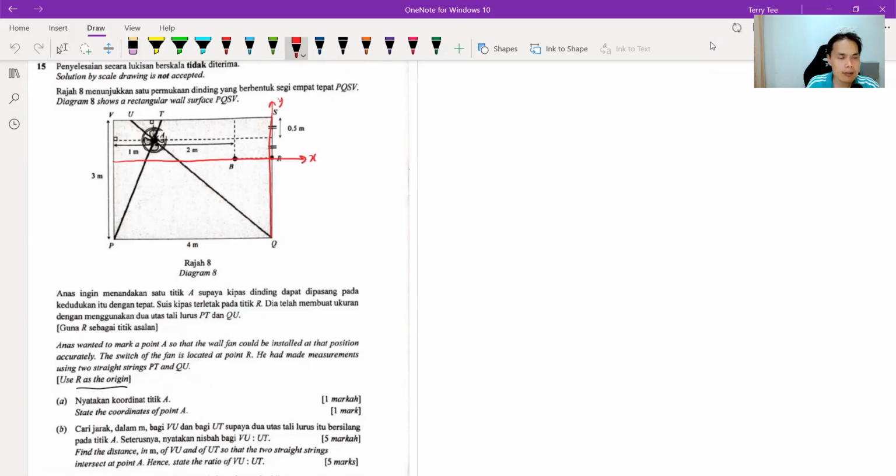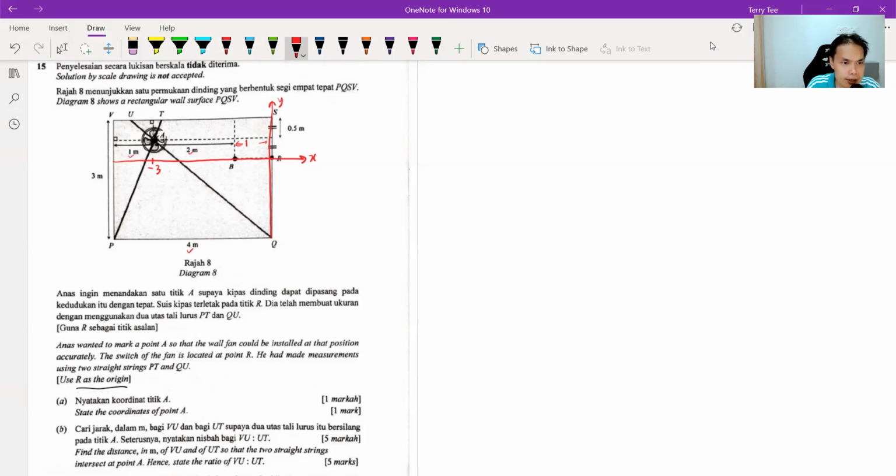You can see here that we actually move from here to here. This is 4, this is 1, this is 4, 1, 2. The length from here to here should be 1. So you're moving 3 units to the left. This is minus 3, all right? And then you're moving up by 0.5.